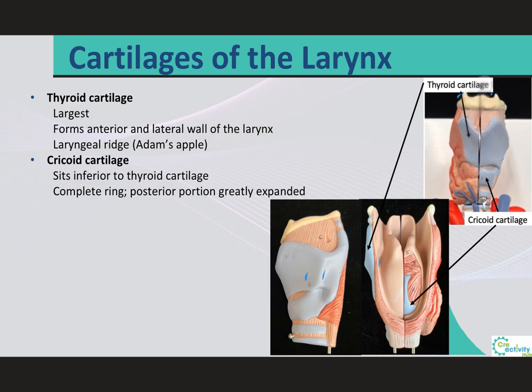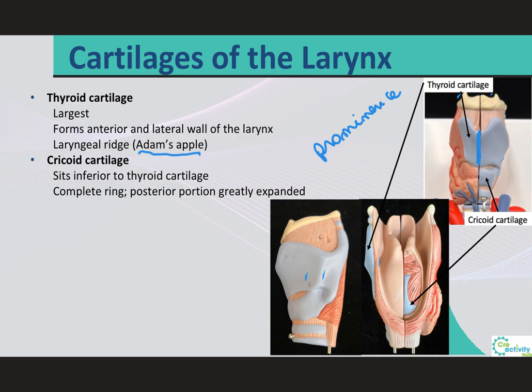Now, the thyroid cartilage is formed by 2 halves that will merge anteriorly, and it forms a very thick ridge, especially in men, and this ridge is called the laryngeal prominence, and it can very easily be felt, especially again in men, and this thyroid cartilage area is commonly called Adam's apple.